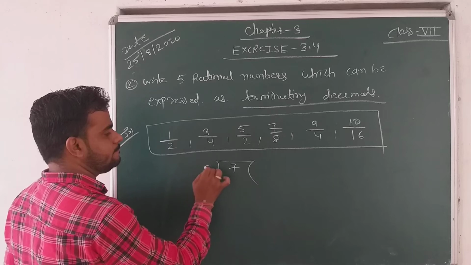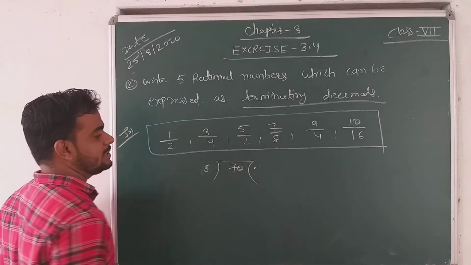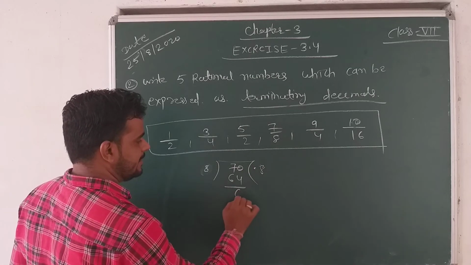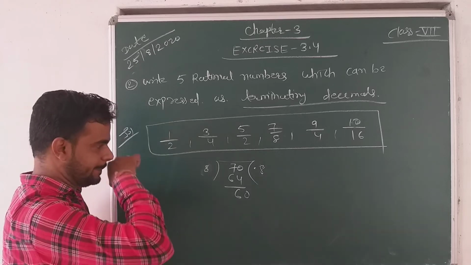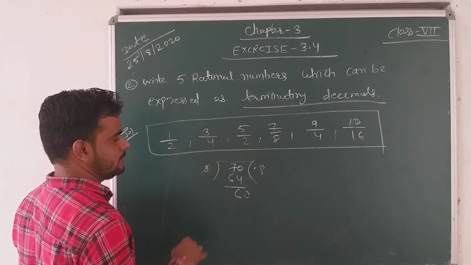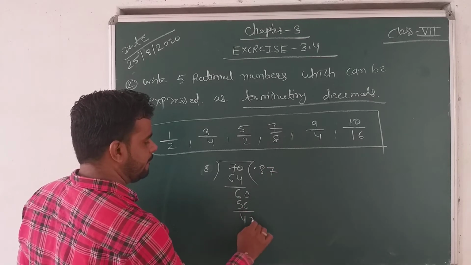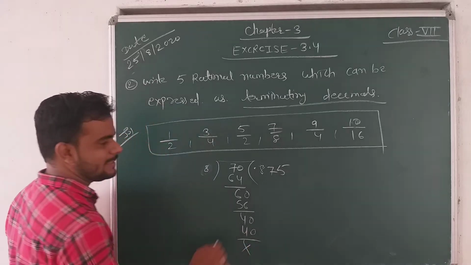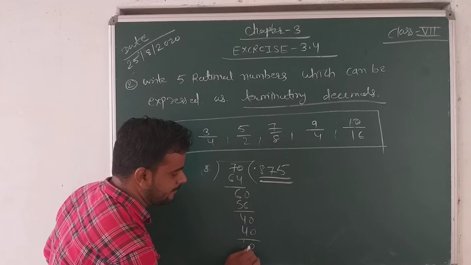Then 8 ones are 8, 8 twos are 16, 8 eights are 64. Then again 60, 8 eights are 64, 8 sevens are 56. Then again 4, 8 fives are 40. Okay, so it means this all is terminating decimal, remainder becomes 0.